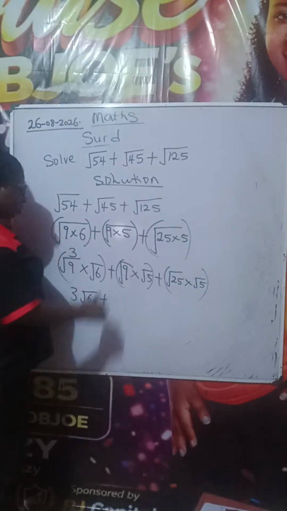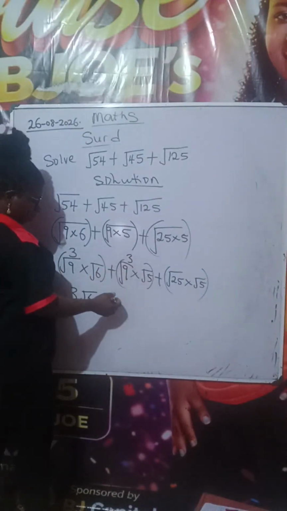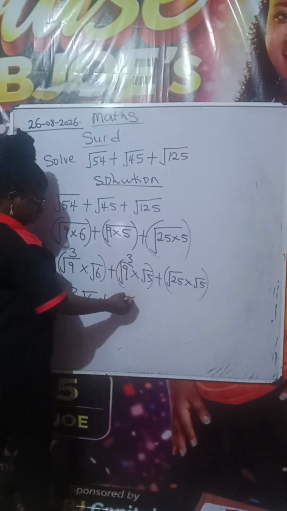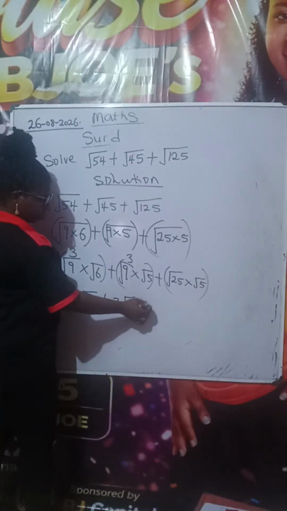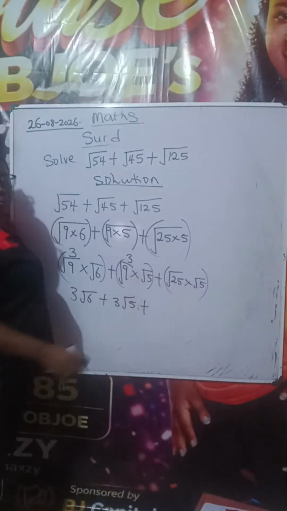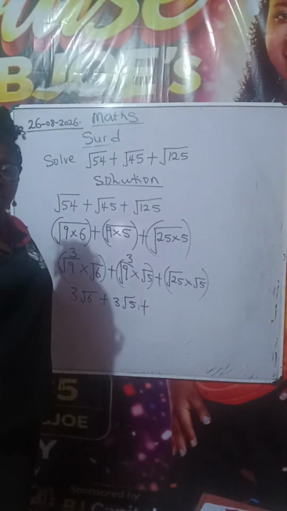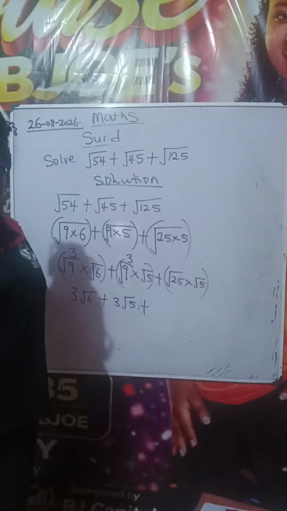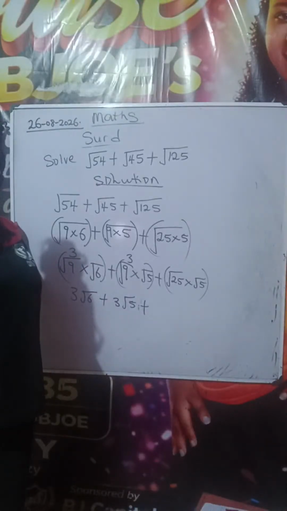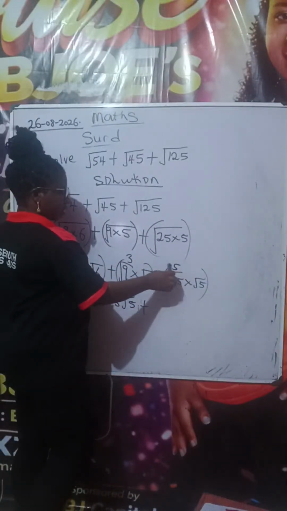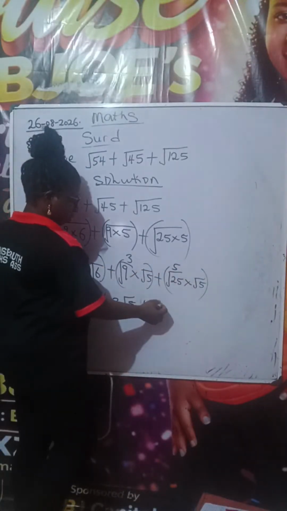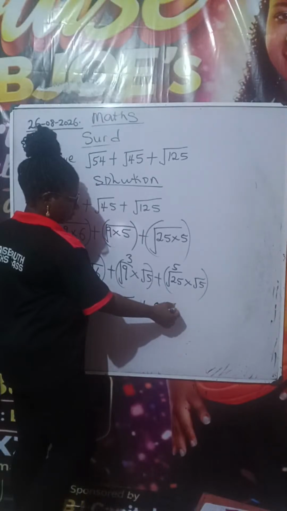That will give us 3, and 3 times root 5 will give you 3 root 5, plus, what is the square root of 25? So it's 5, and 5 times root 5 will give you 5 root 5.